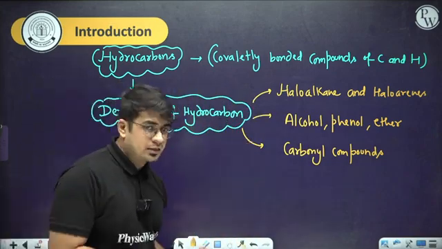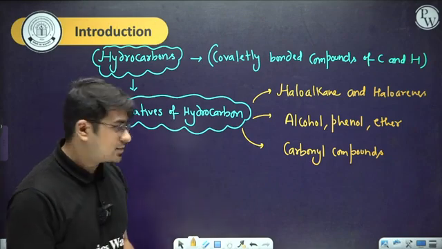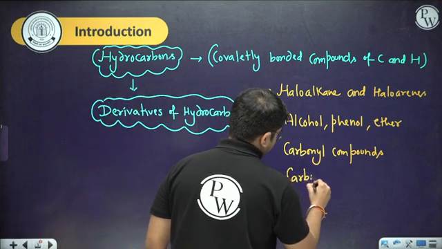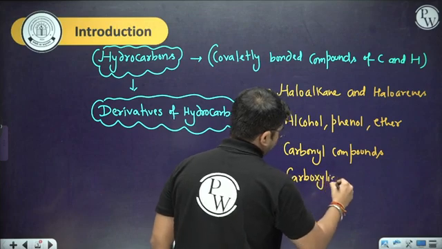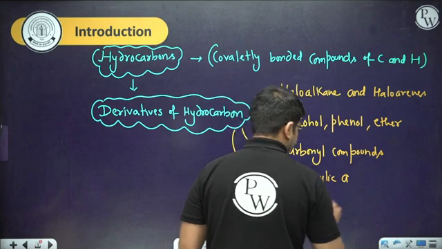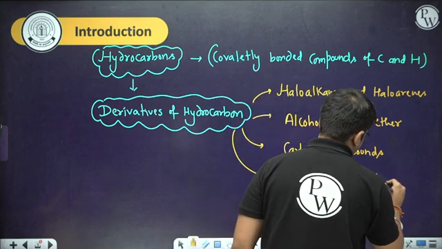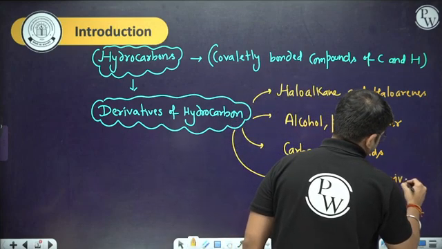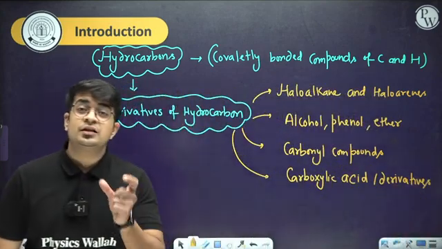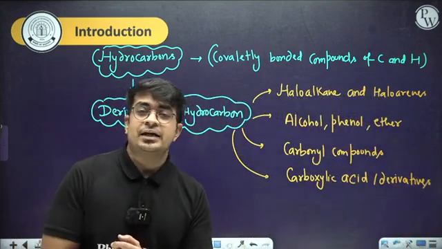Basically this deals with the compounds of aldehyde as well as ketone. Then we have the next portion, which is carboxylic acid and derivatives. So basically all those compounds in which the COOH moiety is actually present.